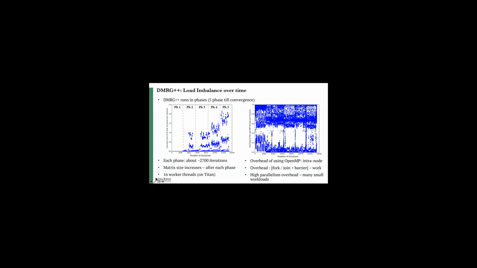On your right, what you're seeing is the overhead of using these OpenMP constructs. The overhead is basically fork and join plus barrier minus work. If you look at the 0 to 2000 iterations, that's the least work, and we use the same strategy, so you would have way too much overhead from just using these fork-join and barriers in OpenMP.